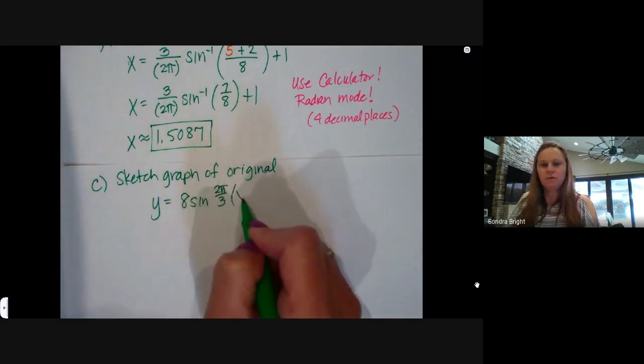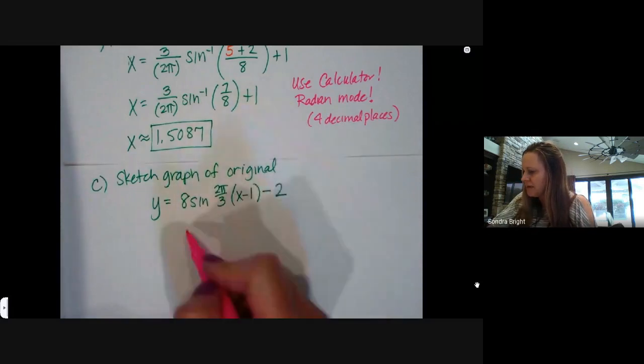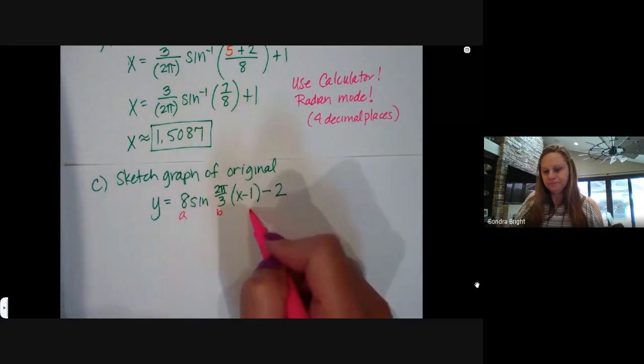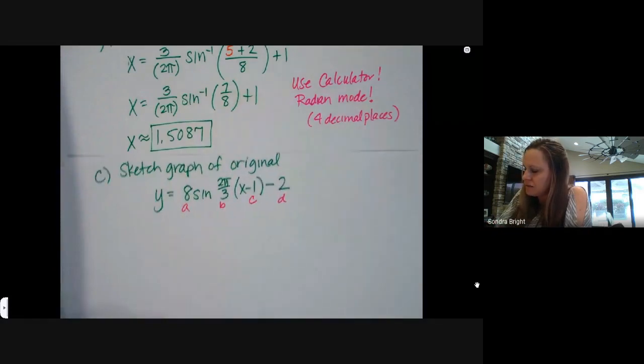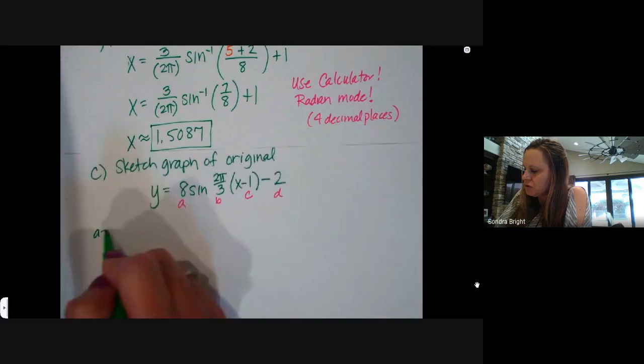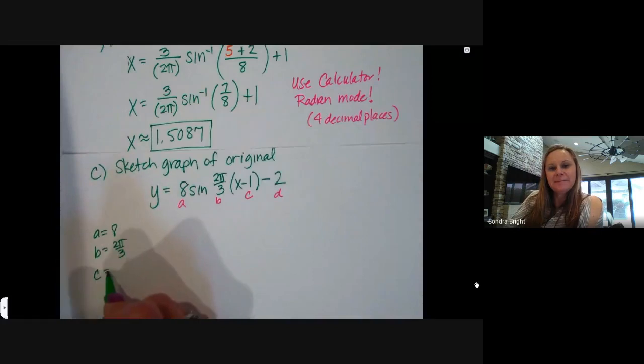So here's your A, there's your B, there's your C, there's your D. So my A is 8, and B is 2 pi over 3. And C is, remember, it's x minus C, so C is going to be a positive 1, and D is negative 2.